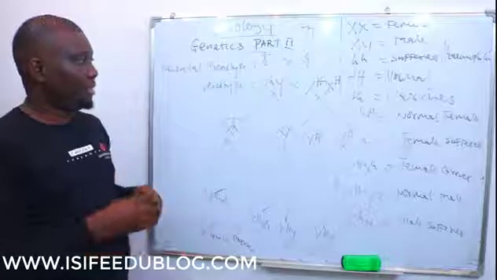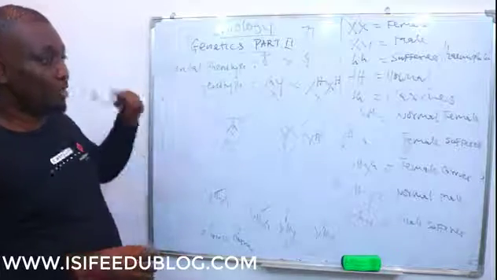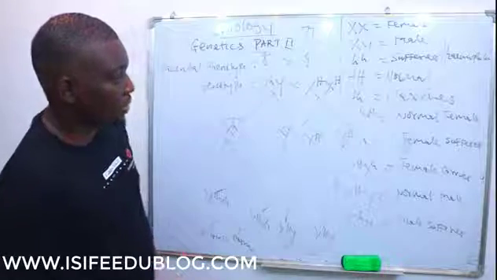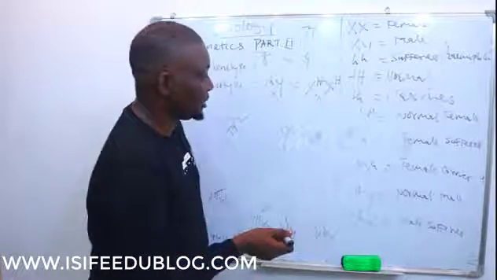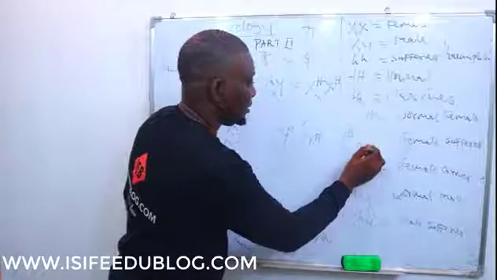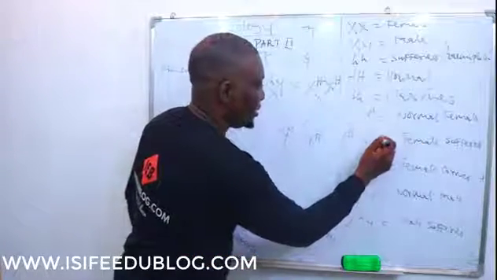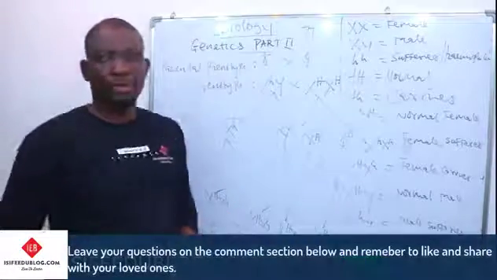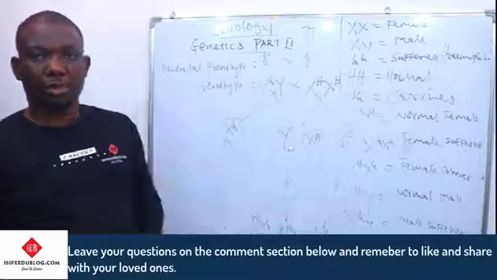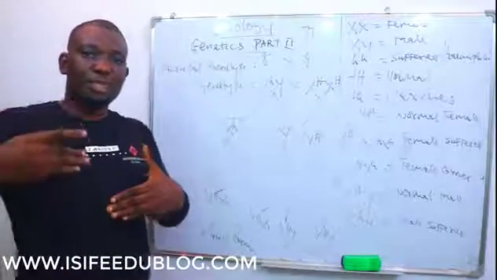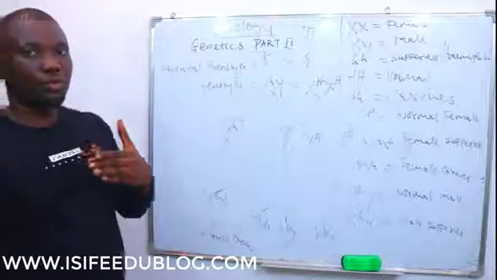If the woman is the sufferer, the genotype of the woman as a sufferer is this. That is female sufferer. That means you should have the 2 genes together. Then pause the video, do the crossing, and you will see that the woman transmits directly to the sons and also to the daughters.